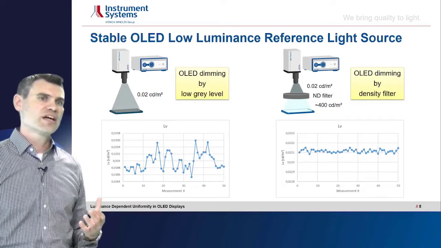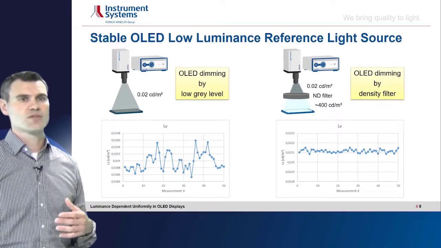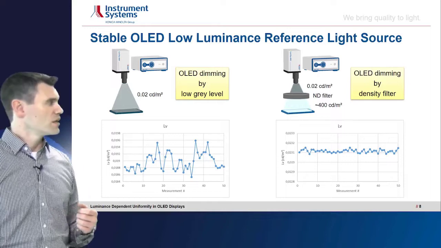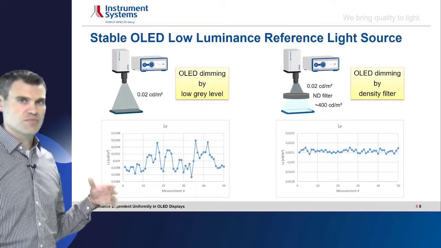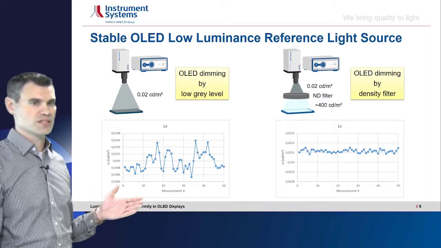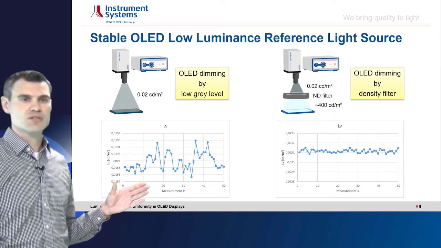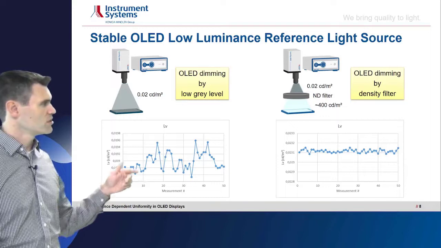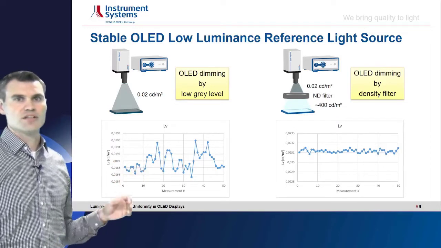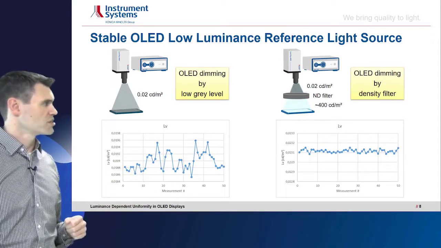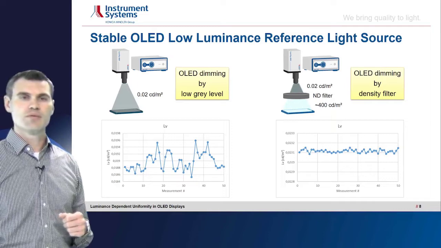So how do we get a stable OLED light source for low luminance? You cannot just go ahead and dim down the display, because as you can see, for low values like here, 20 millicandela per square meter, you can see that for the individual measurements there's a lot of change in luminance which you measure. But what can you do?